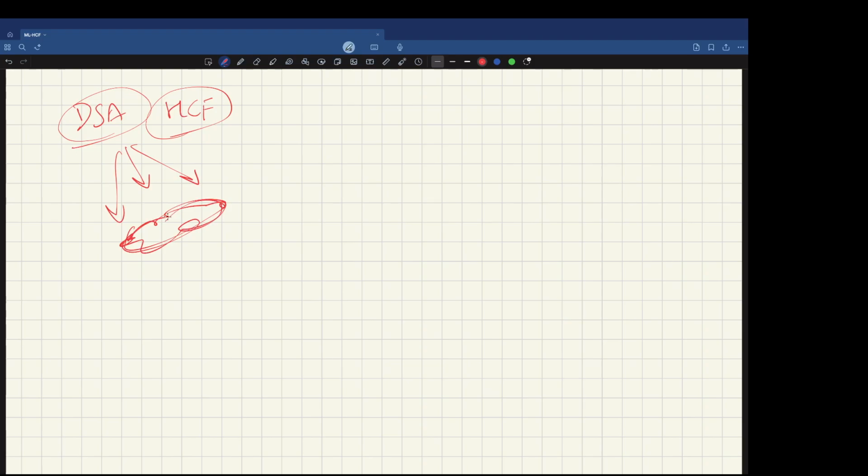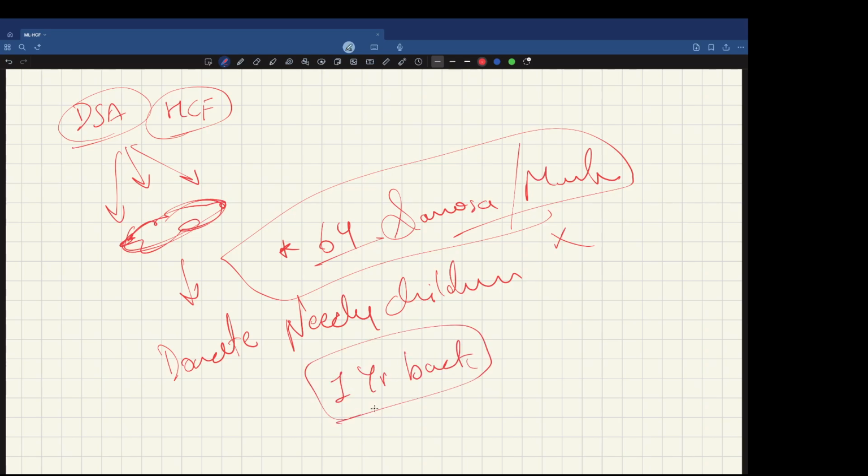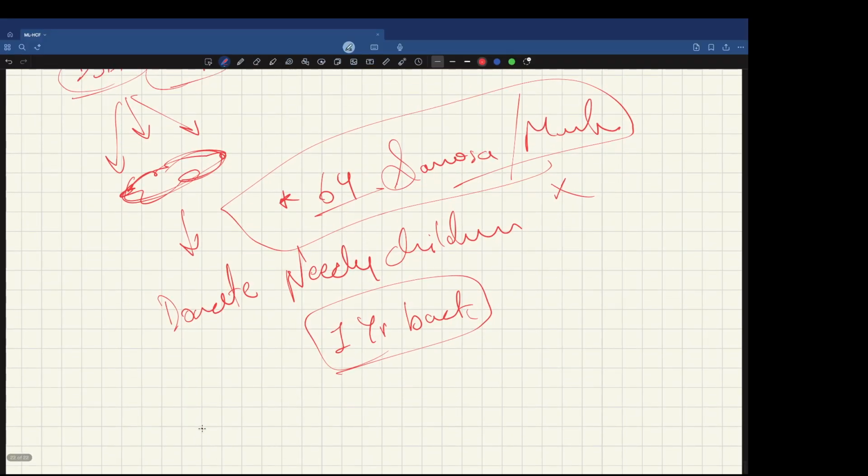We decided to donate something to really needy people, needy children actually. The point was 64 samosas or Five Star. But then I thought this is not sufficient. Last time I did this was one year back. I am doing it again, but for a different school.